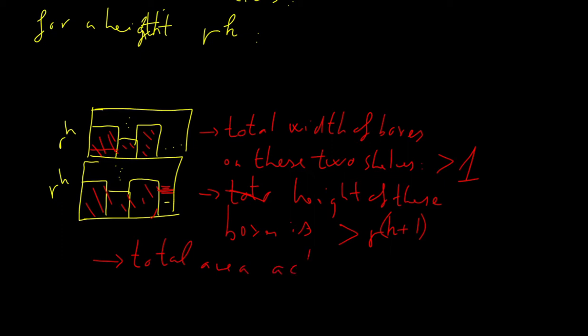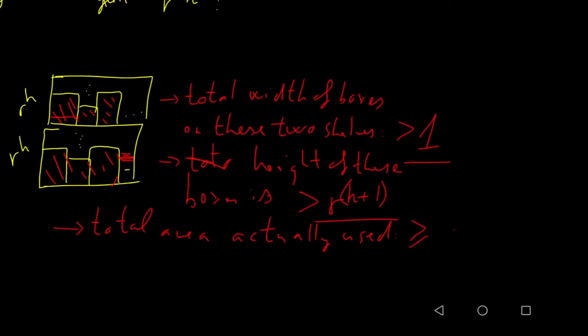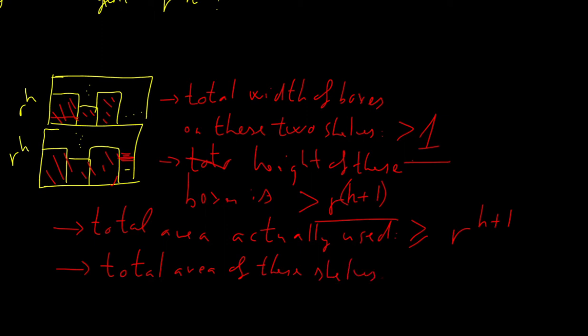So that's why the total area actually used on these two shelves is at least 1, the width, times the height, the minimum height, so it's at least r to the h plus 1. And the total area of these two shelves is exactly 2 times r to the h.